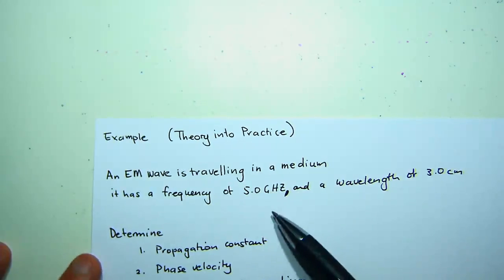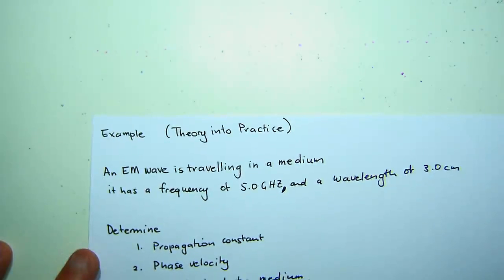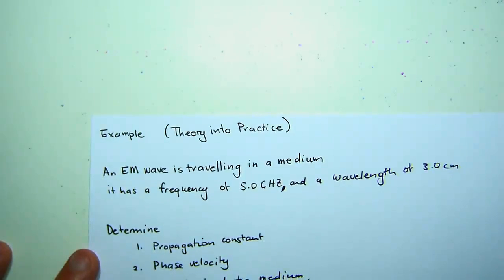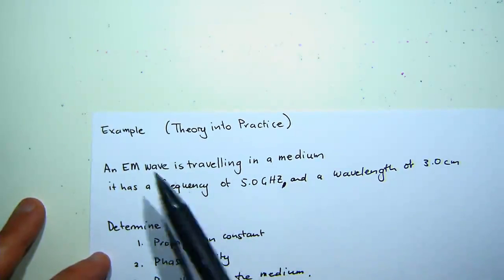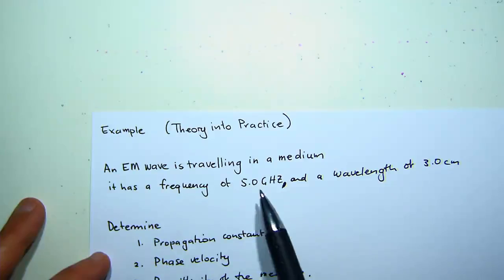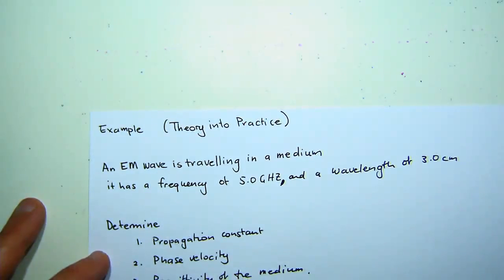Usually I love 2.45 and 60 gig numbers because it's Wi-Fi, and I've been using them for the last 15 years. I also tell you that its frequency is 5 gig, and its wavelength is 3 centimeters. What do we know about the speed?